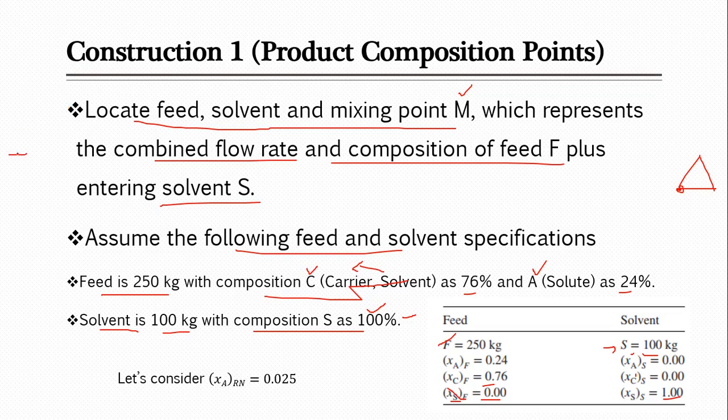Then you are given the feed and the solvent, their flow rates or amounts, and their compositions. So overall, up to here you have 5 variables.